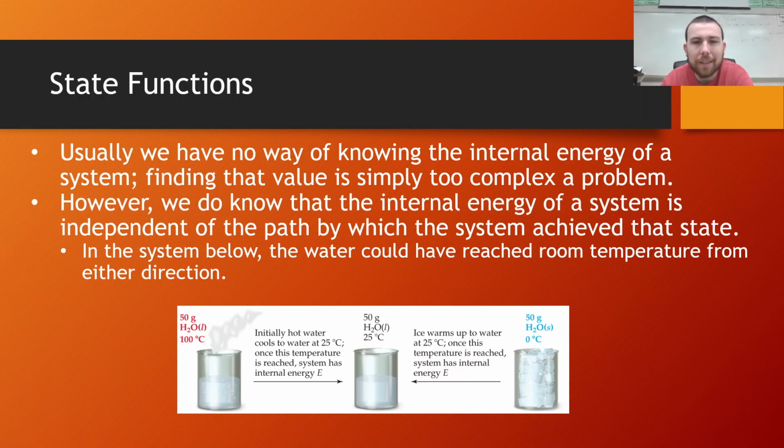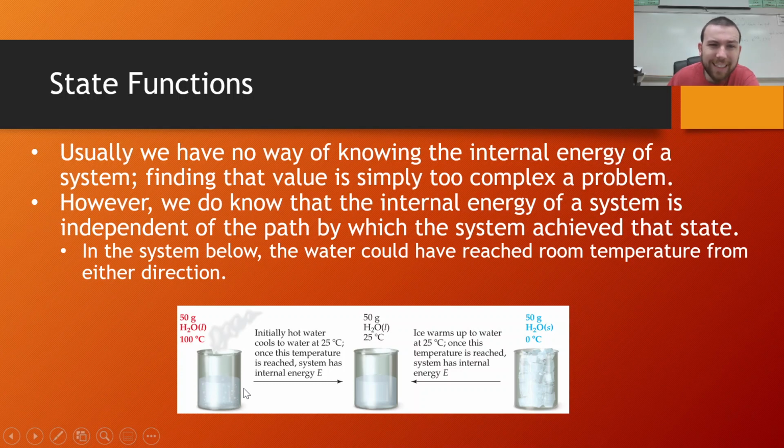You've got this diagram at the bottom where your final state is the liquid water, 50 grams at 25 degrees Celsius. Now, there are multiple different ways that we can get to a final state of 50 grams of water at 25 degrees Celsius. One way we could have done that is by simply cooling 50 grams of water that was at 100 degrees Celsius.